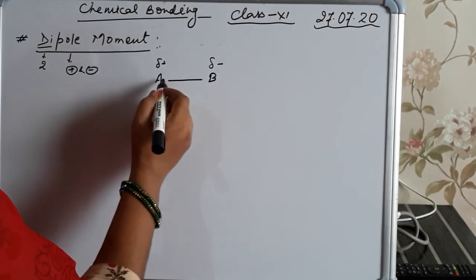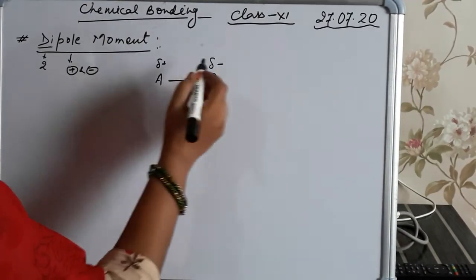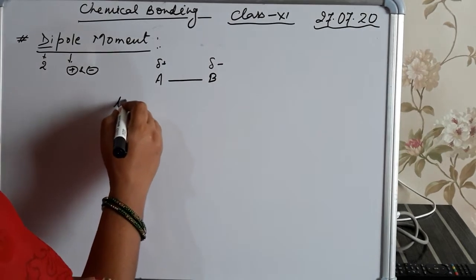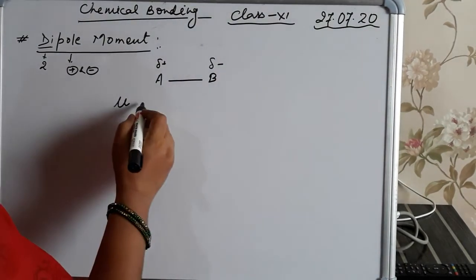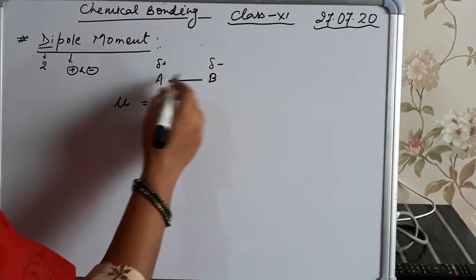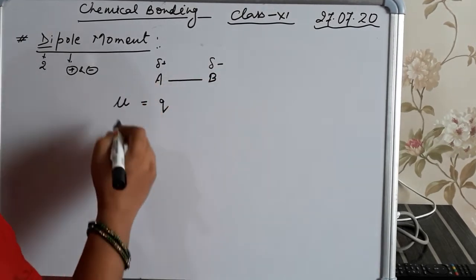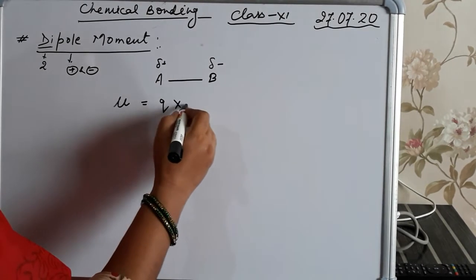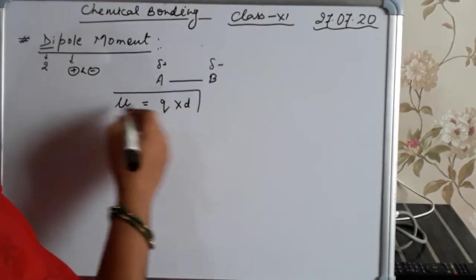In that condition, we represent the dipole moment by the Greek letter mu, and it is the product of the magnitude of charge, which we symbolize by Q, and the distance between them.